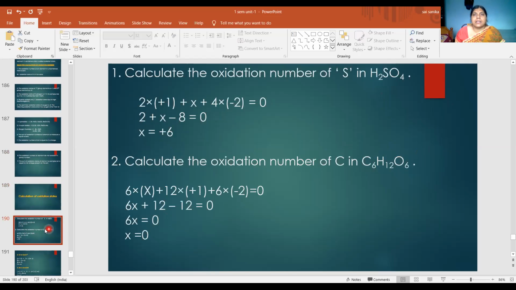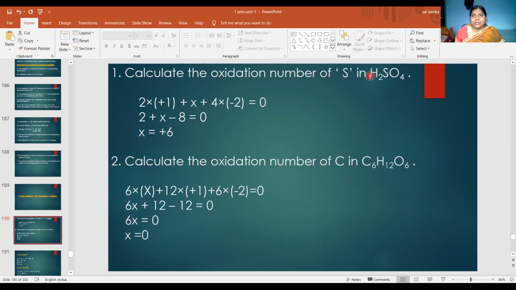So we'll see the oxidation states. Calculate the oxidation number of S in H2SO4. Here one molecule is given, that is H2SO4, and you have to calculate the oxidation state of S in it.